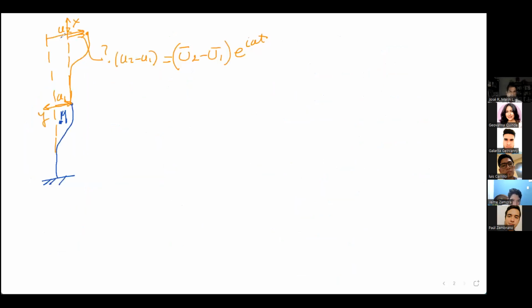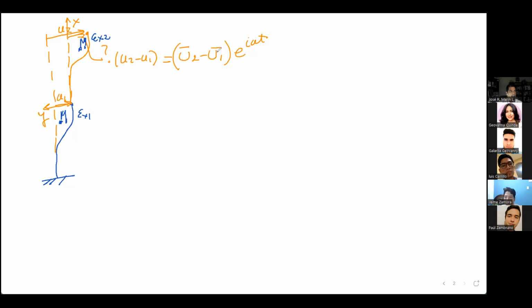You have another here. For the second beam, you can also calculate the bending moment exactly the same. The only difference is that instead of using U1, you have to calculate the difference between the two.